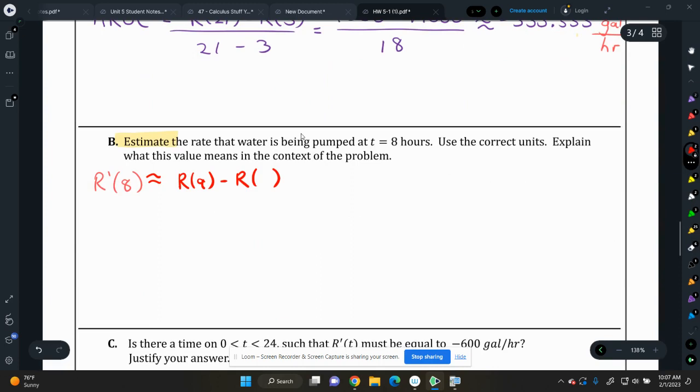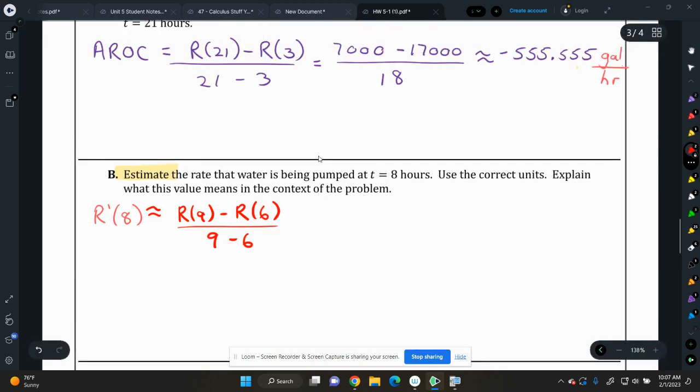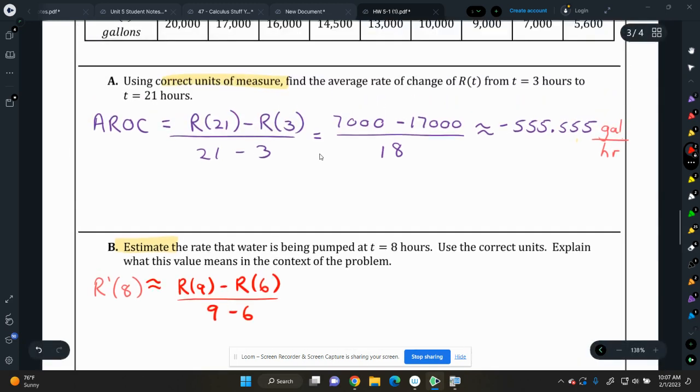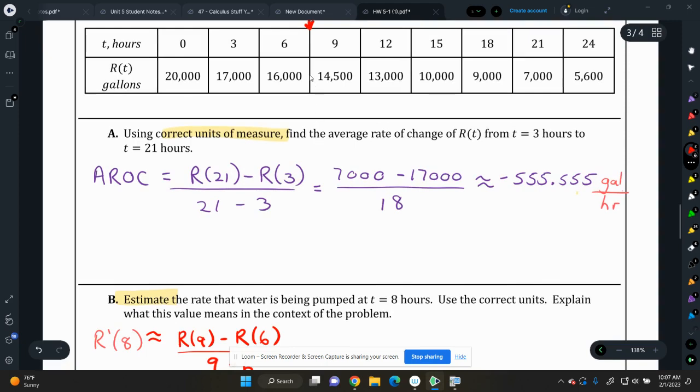This is a very common type of problem on your AP exam. Free response questions are worth 9 points. You should get all 9 points on this question, because these are not real hard ones. Right? So when we're estimating the rate of change on a table, that means we're doing the average rate of change on as small an interval as we can get.